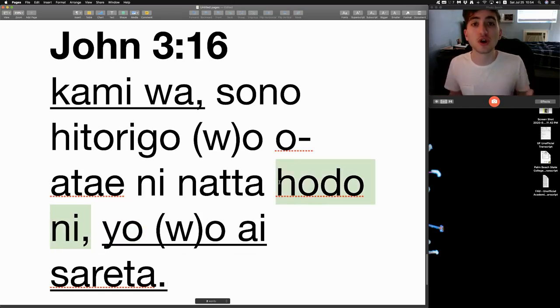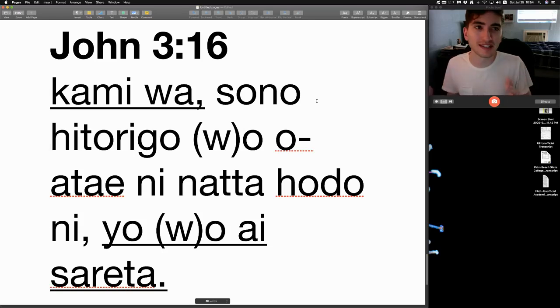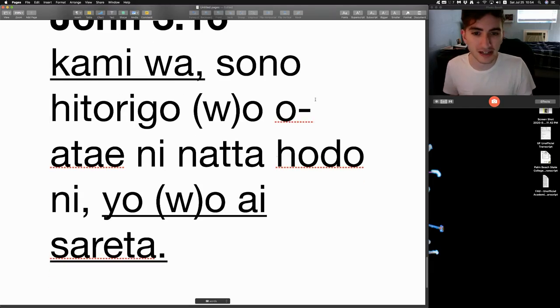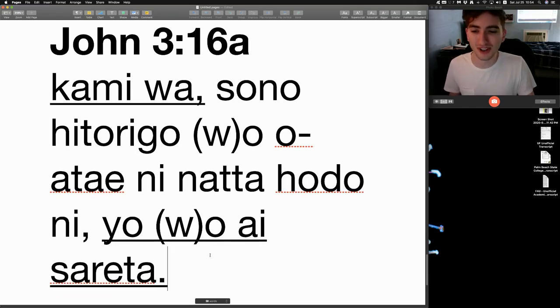Hodo ni, so much so that he gave that only son. This is just breaking down the verse from Japanese to English, and we only had time for John 3:16a, the first part of John 3:16.